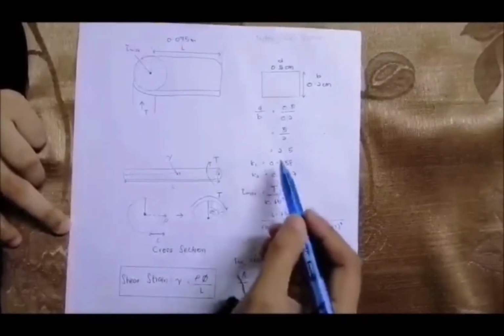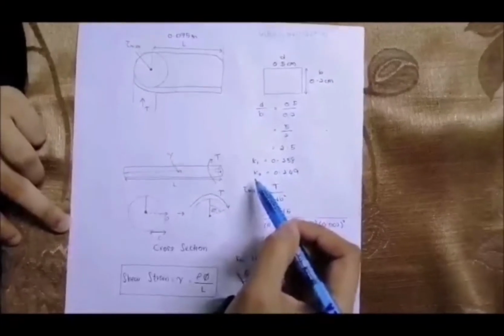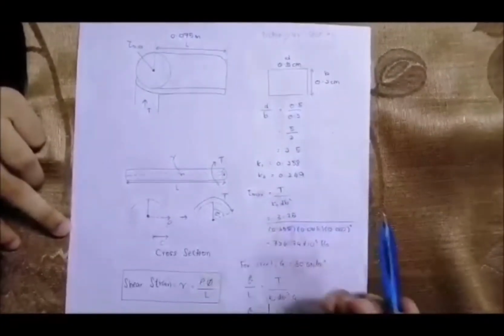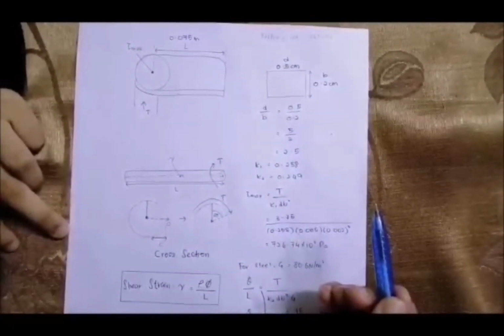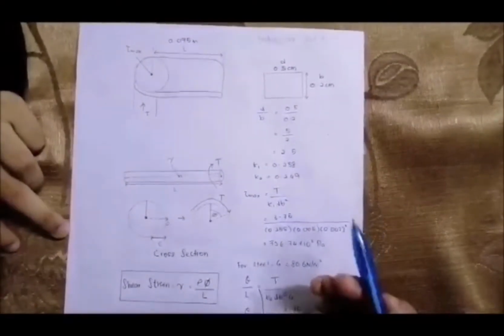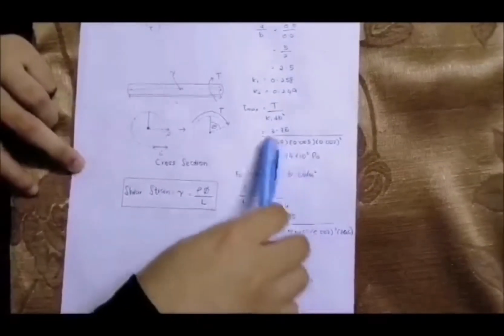And from this, we can get the value of K1 and K2. K1 and K2 we get from the table on our poster.